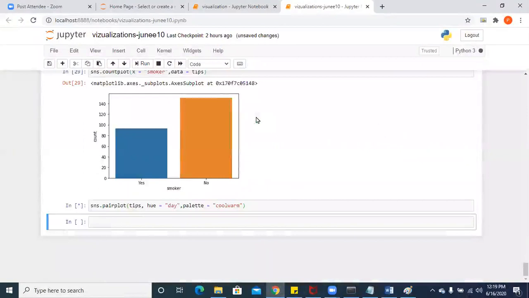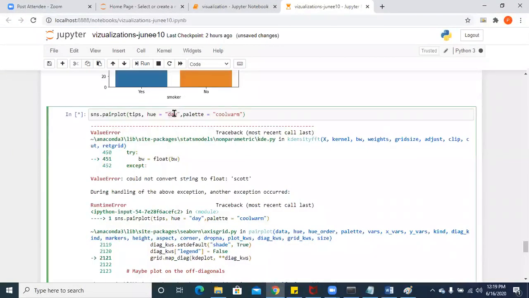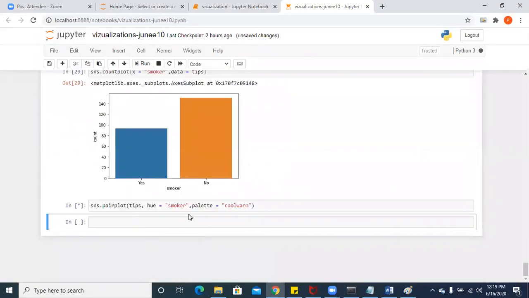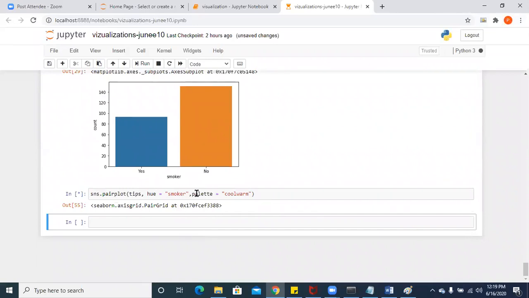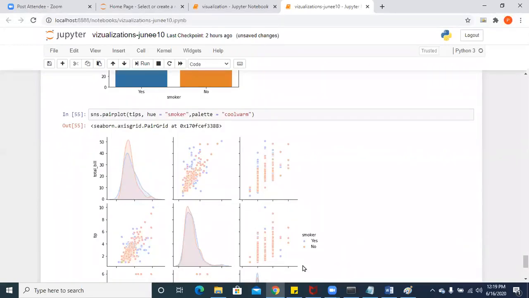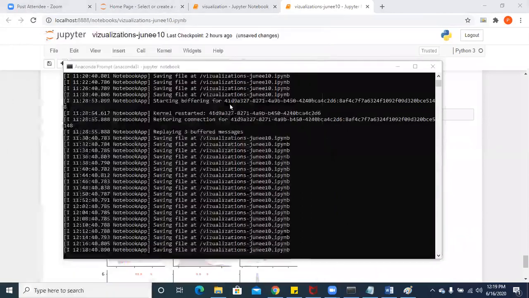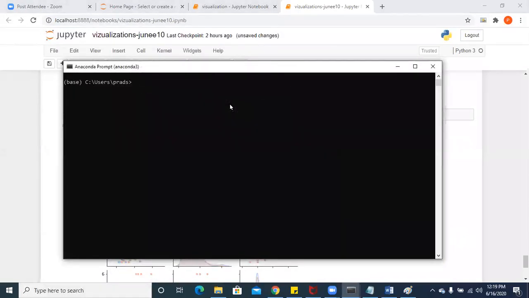Why is it throwing an error for day? Let's see. Smoker. You're able to see the plot for smoker but not for day. So let's install another package. Let's see. Install statsmodels.